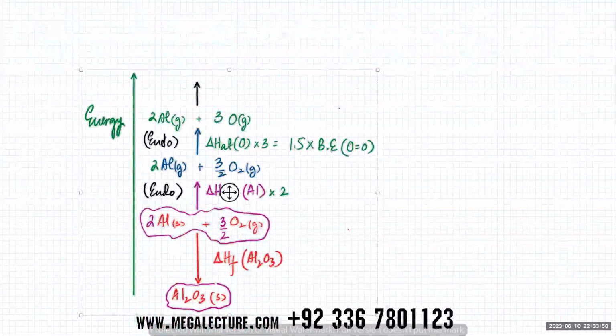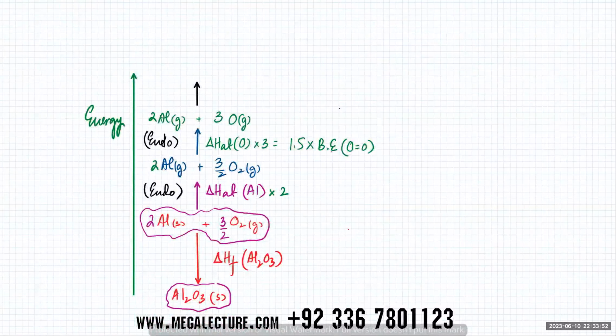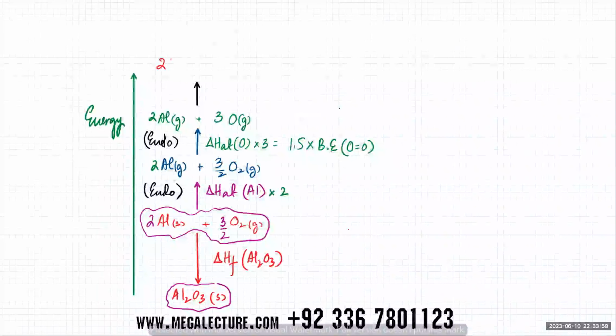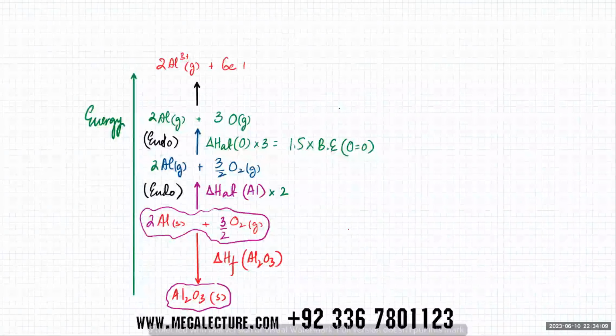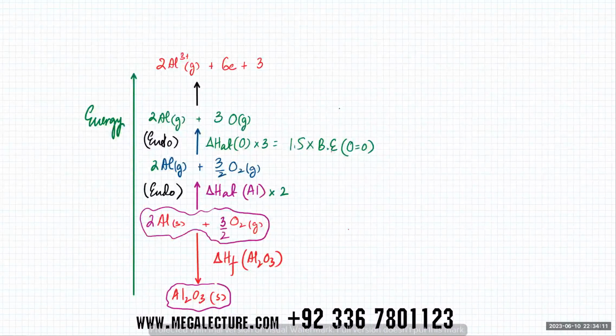So aluminum needs to be ionized. So we're going to turn this aluminum into 2Al3+ gaseous ions. So basically, it has lost how many electrons? It's lost 6 electrons. The oxygen stays as it is. 3 oxygens, gaseous.